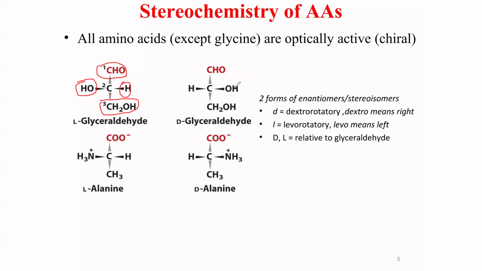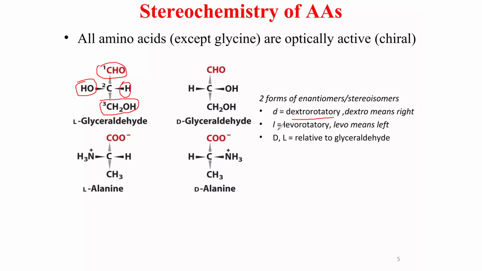And what is the orientation of the OH group? If you look at L-glyceraldehyde, the OH group is on the left. And in the case of D-glyceraldehyde, the OH group is on the right. D means dextrorotatory. Dextro means right. You see, this is right.